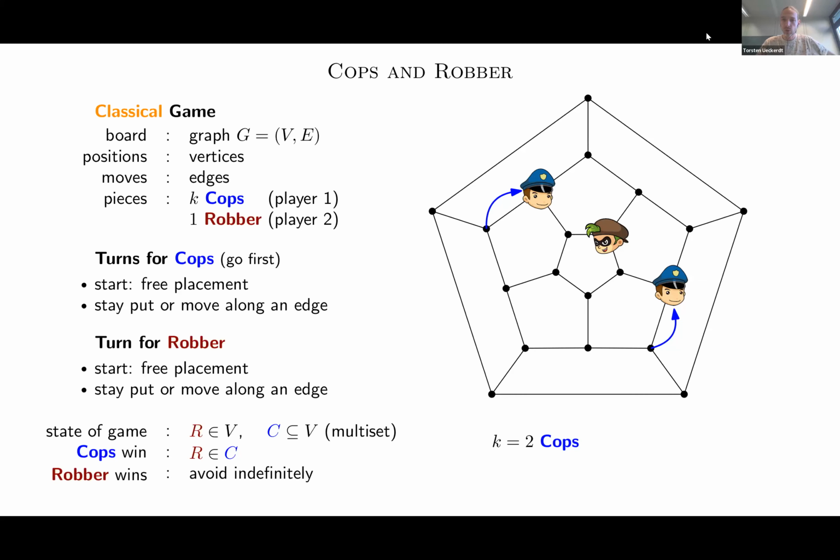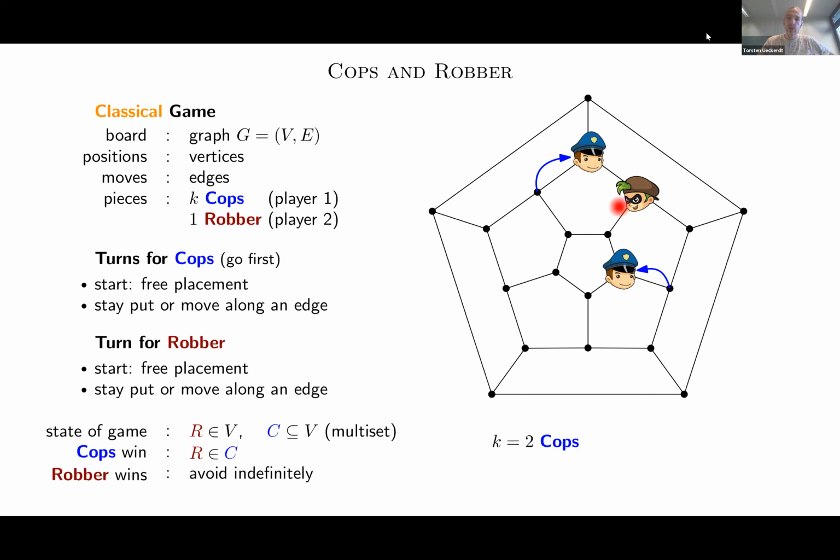And now it's the robber's turn, and the robber wants to flee. So maybe he feels like going there is safer. Now the cops again see where the robber is, and they make such a move. The cop here feels he's clever, so he wants to prevent the robber from just going back where he came from, which would be allowed, because if he went back, this cop could immediately catch him, and the game would be over with the cops winning.